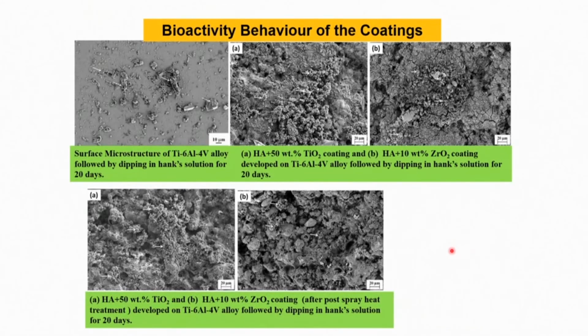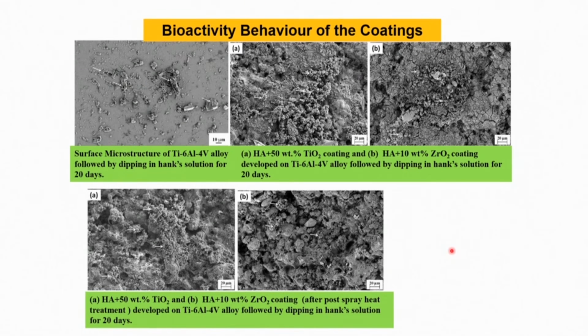So, this kind of coating obviously was not so beneficial in improving the corrosion resistance and wear resistance, though under certain conditions of coating we had very good corrosion resistance as well as very good wear resistance property.